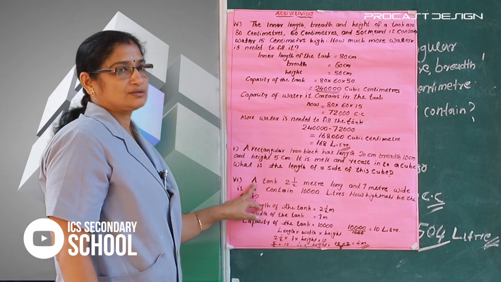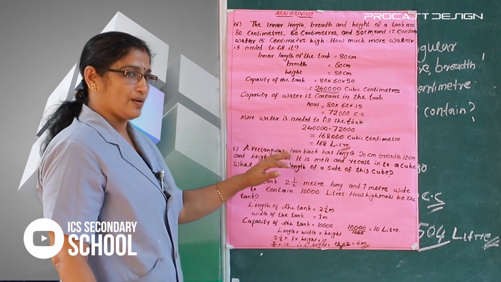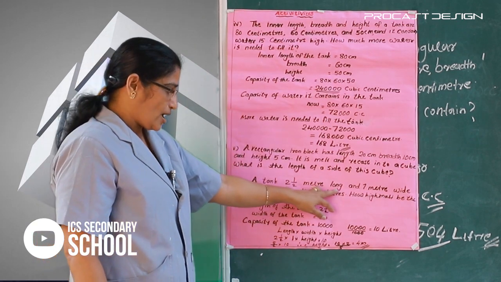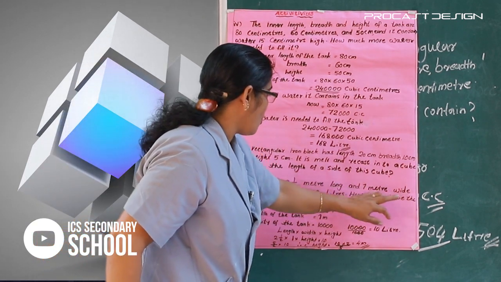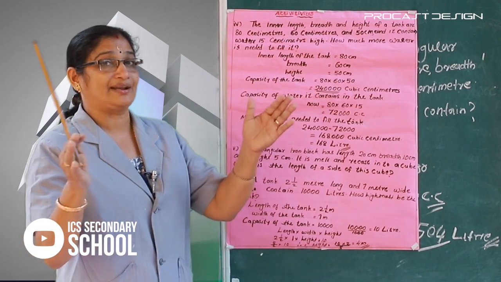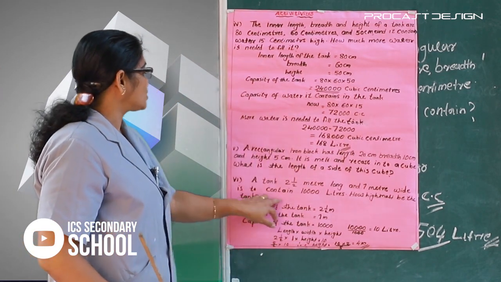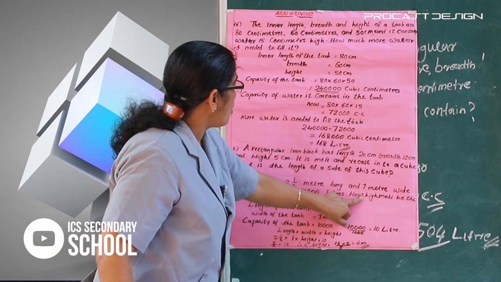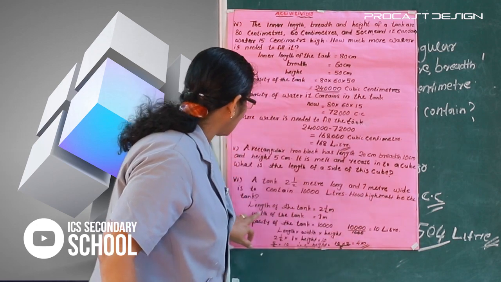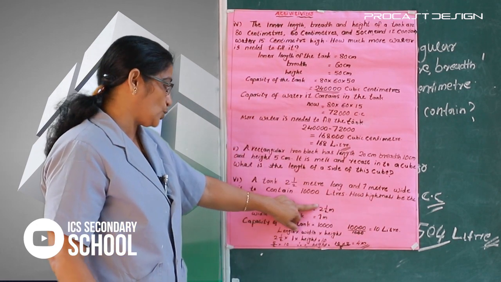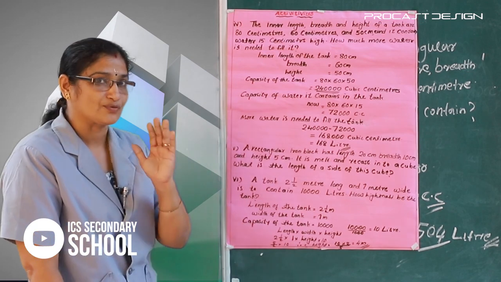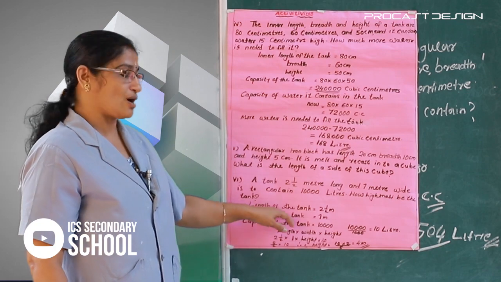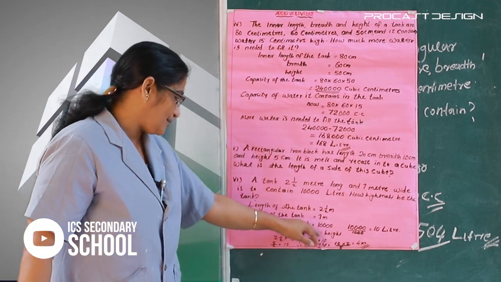A tank is 2 1/2 meter long and 1 meter wide, to contain 10,000 liter. How high must the tank be? The length of the tank is 2 1/2 meter. The breadth of the tank is 1 meter.